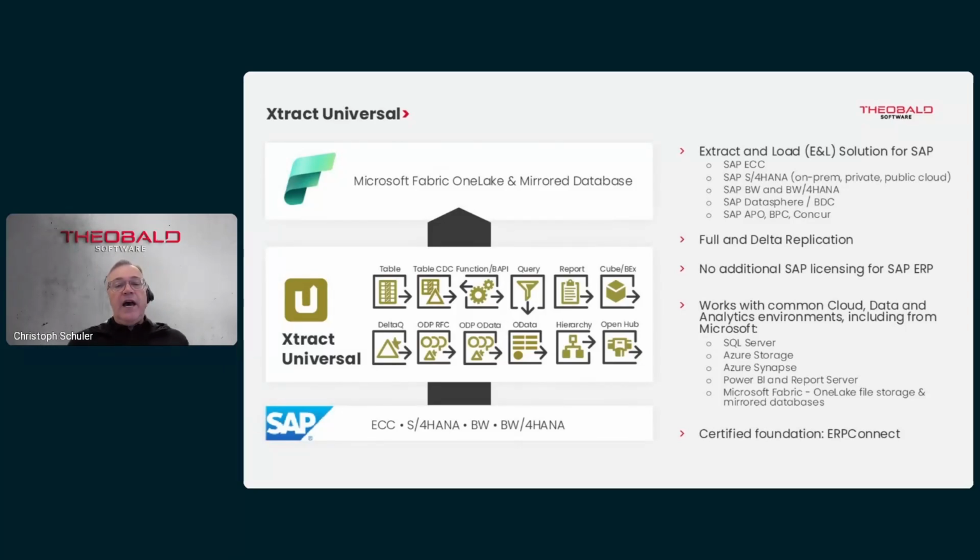So we are now guiding our customers to use the other components, table CDC, the report component, for instance, but also our newer OData connectivity solutions that are not impacted by the ODP note. Together, these components enable both full and delta replication from SAP into the Microsoft Fabric environment.